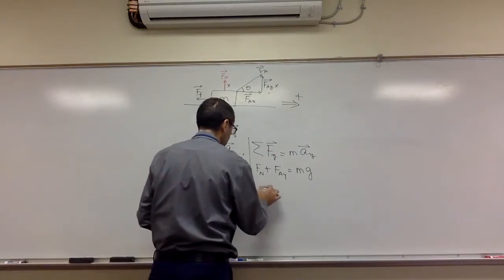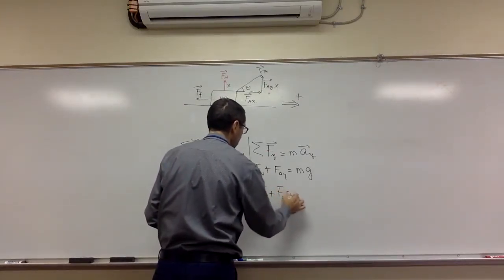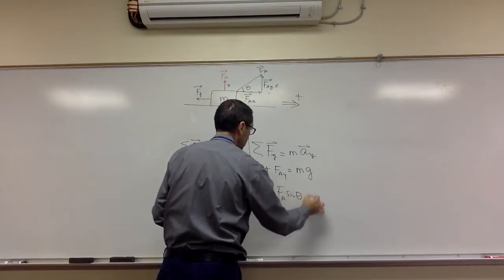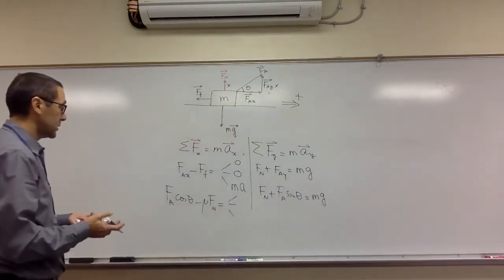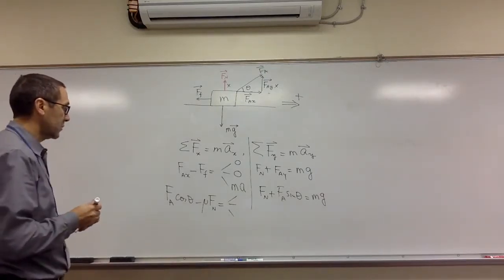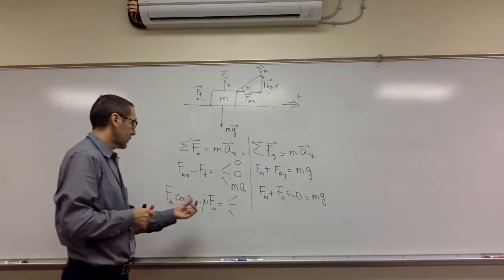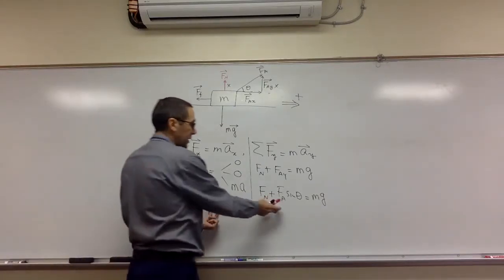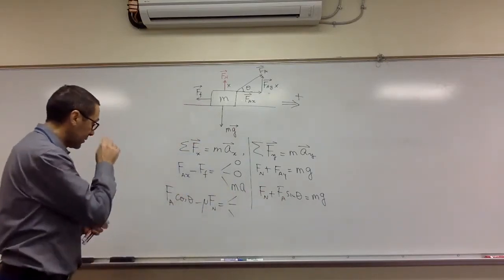The Fn here plus Fa sine of the angle is mg. Now you pretty much have these equations, and depending on what you're looking for, you have to rearrange them and figure out what you're looking for. So if you want to get Fn, you can get it from here by isolating it and plugging it in here and finding whatever you're looking for.